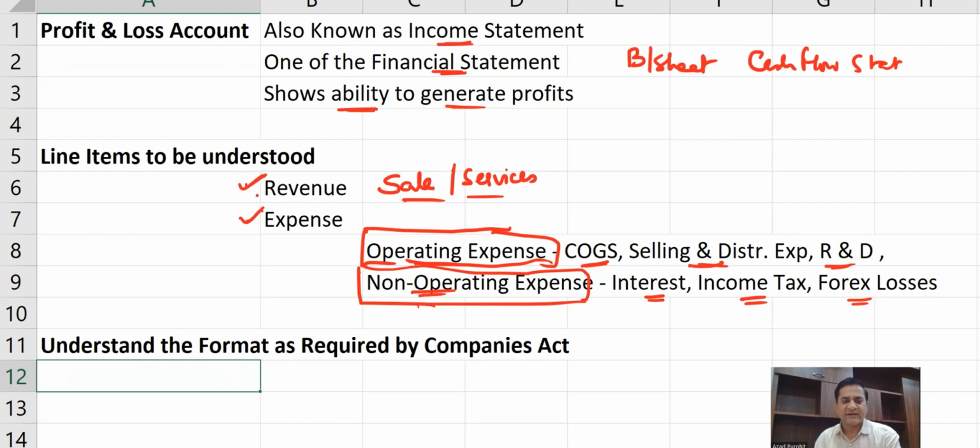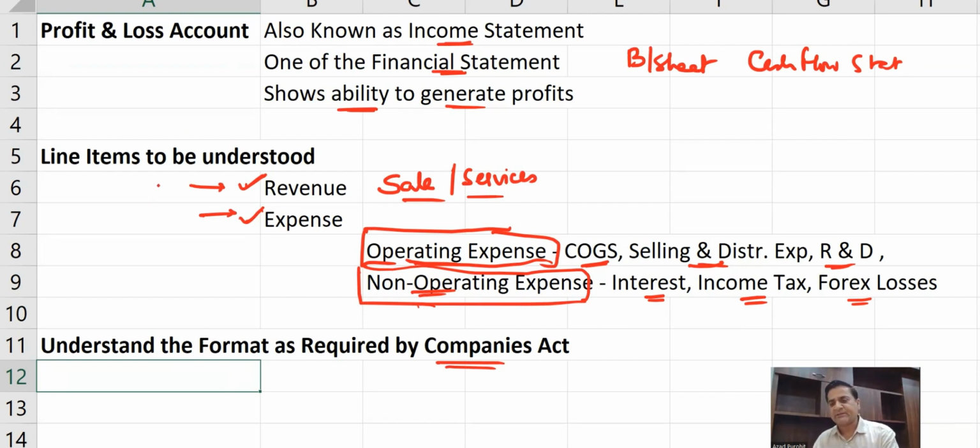So we need to understand these two things, and then find out how they are to be displayed, or put to use, in order to understand the final result of that company. And step number 3 would be to understand the format as required by the Companies Act in India. So we need to find out only 3 things.